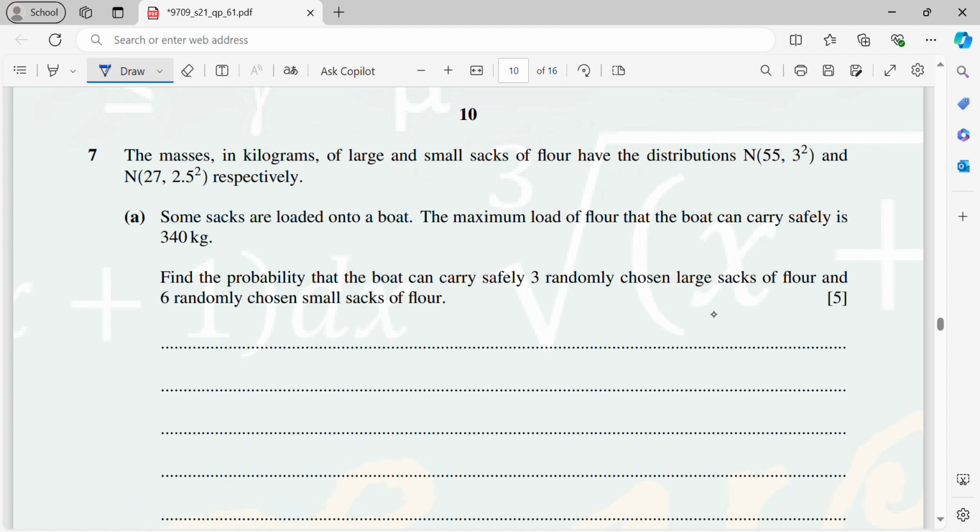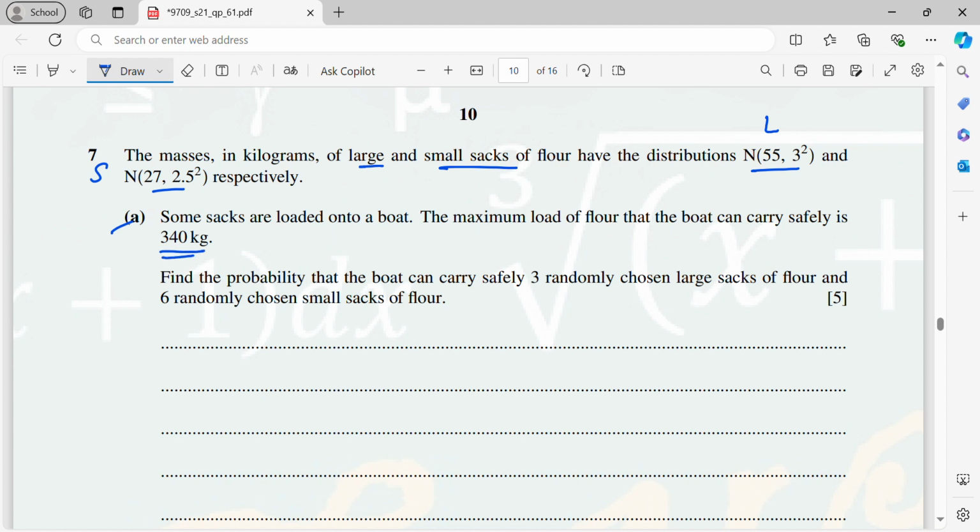Okay, next question number 7. The masses in kilograms of large and small sacks of flour have these two distributions respectively. So this is for large and the next one is for small. Now, A: some sacks are loaded onto a boat. The maximum load of flour that the boat can carry safely is 340 kilograms.